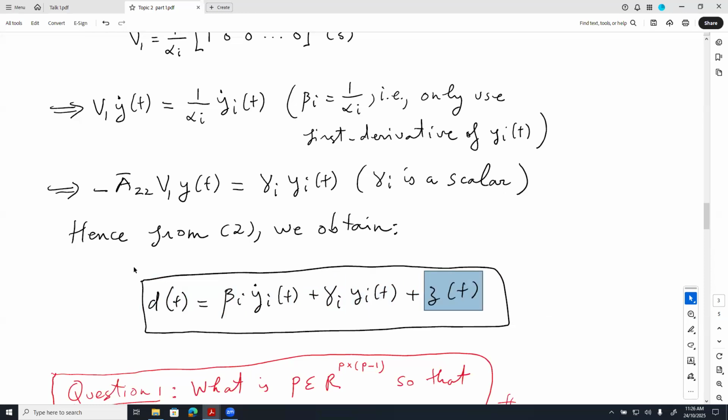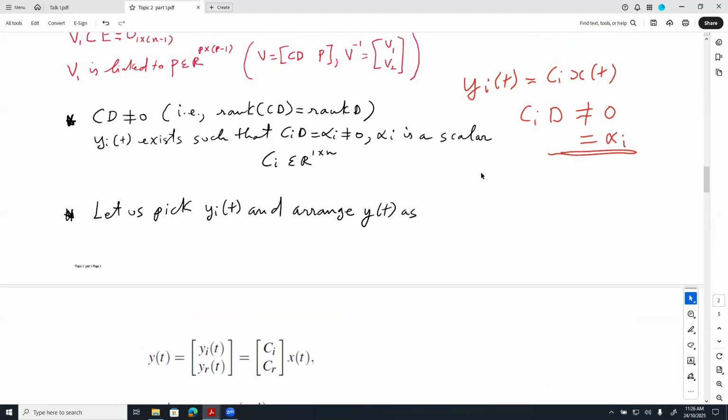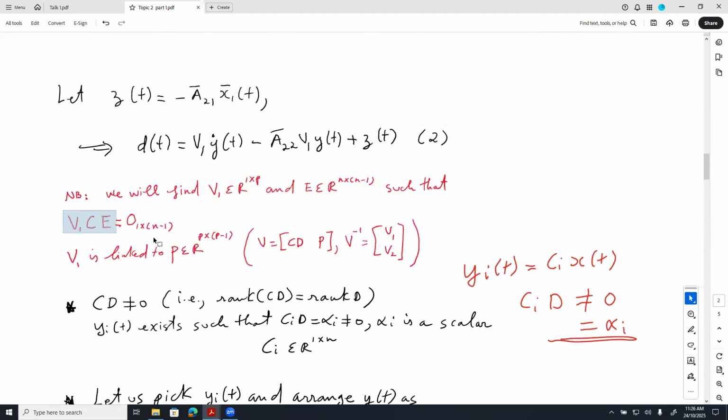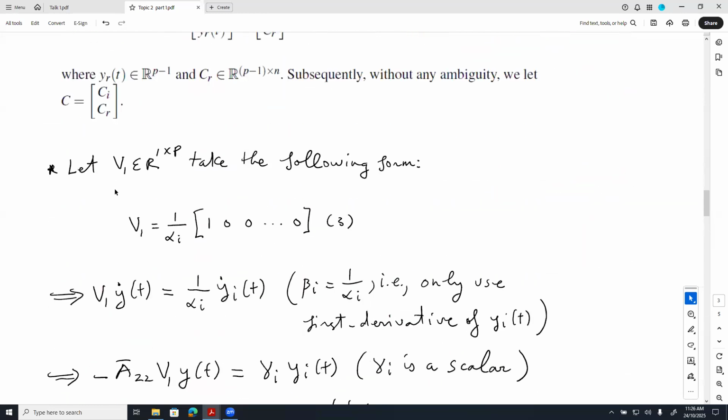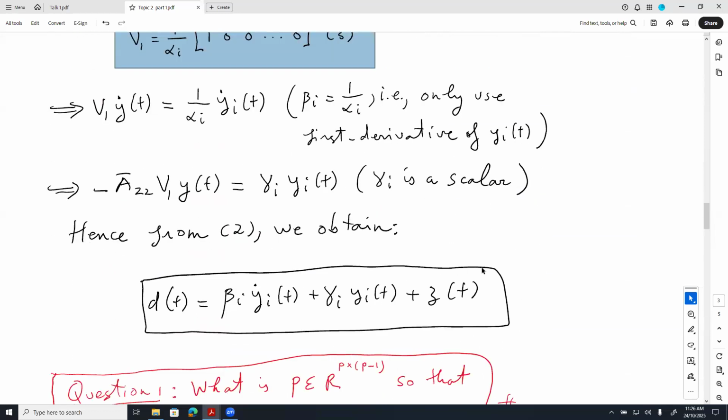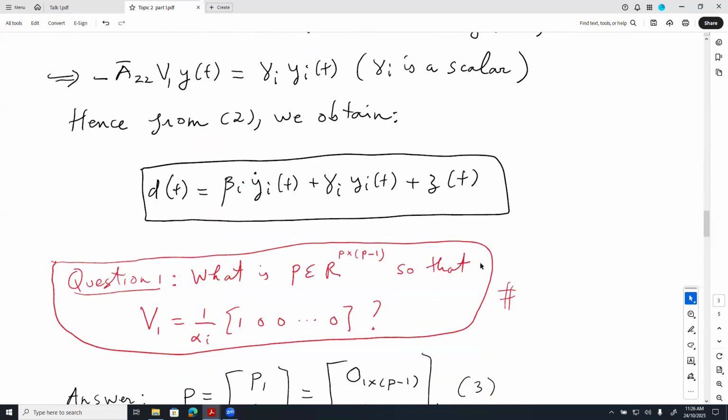Now, this is possible based on this condition here, and also based on the imposition of the structure of the matrix V1 according to this form. All right, so that leads us to the next question. How do we find this P matrix so that we can enforce this structure?